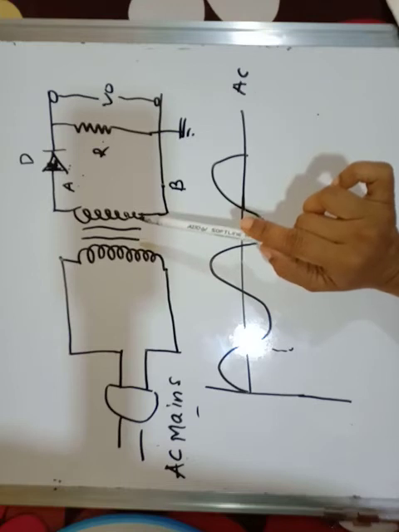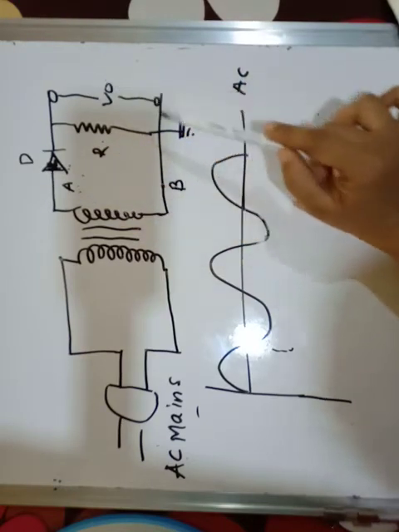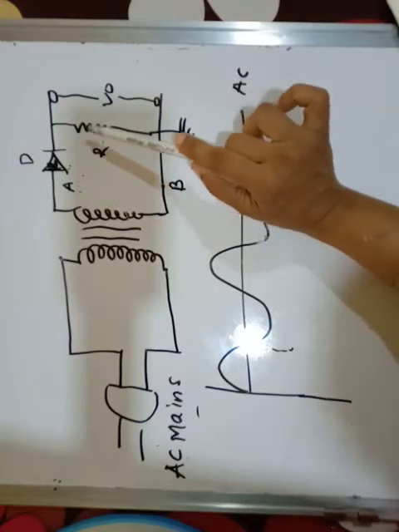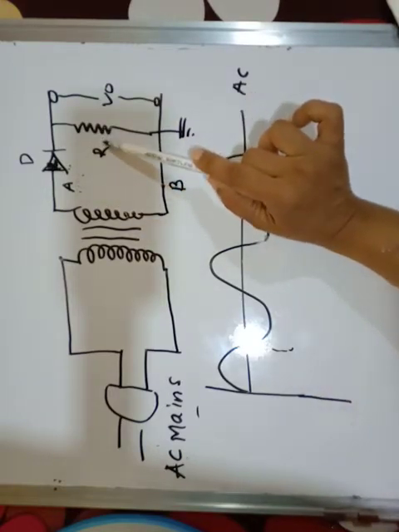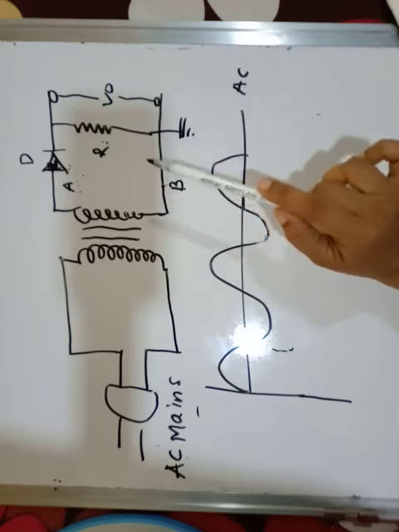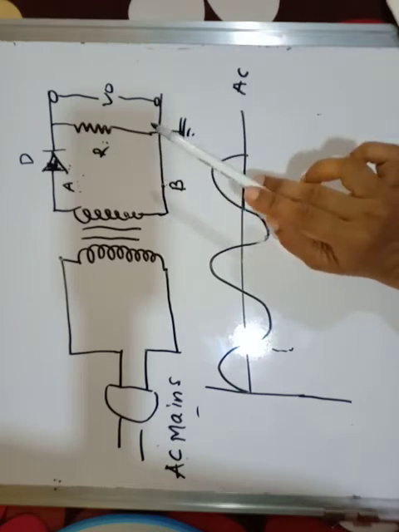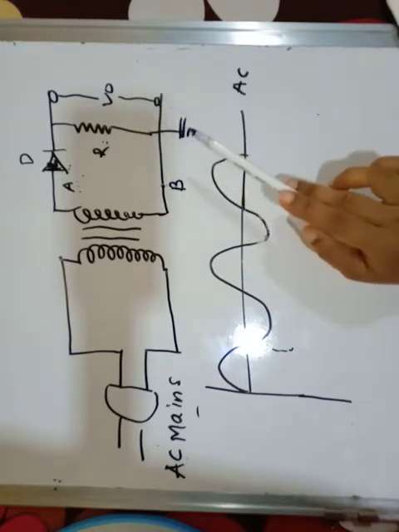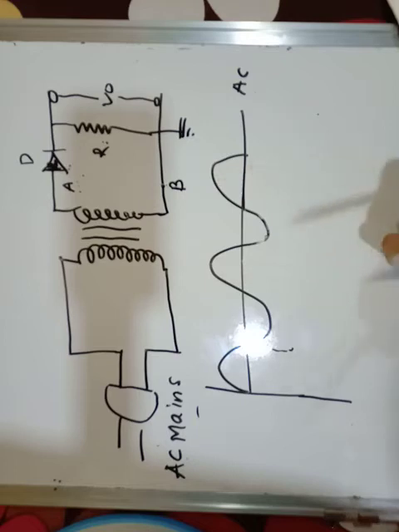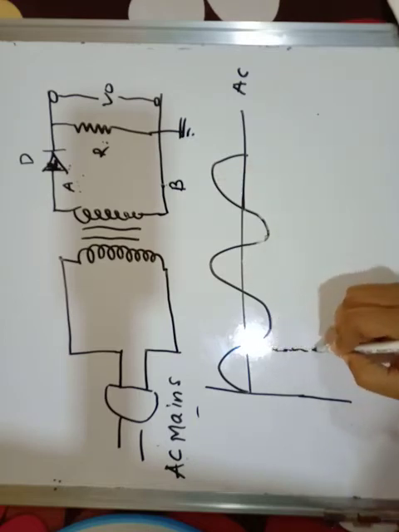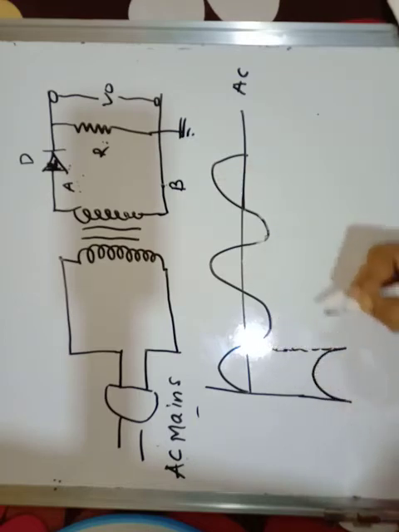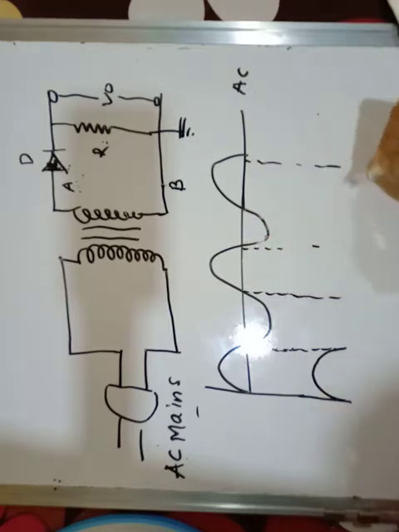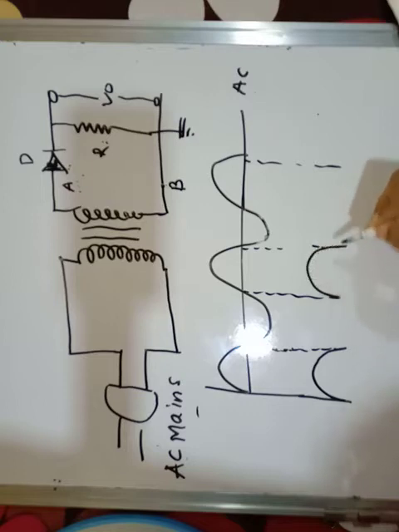It flows from terminal A through RL to terminal B, and the output voltage is developed across RL. It gives only the positive half cycle of the AC input.